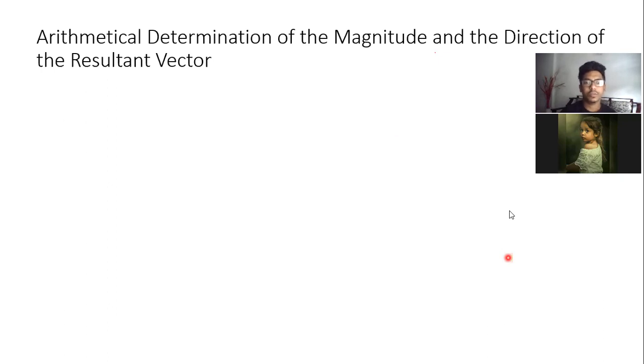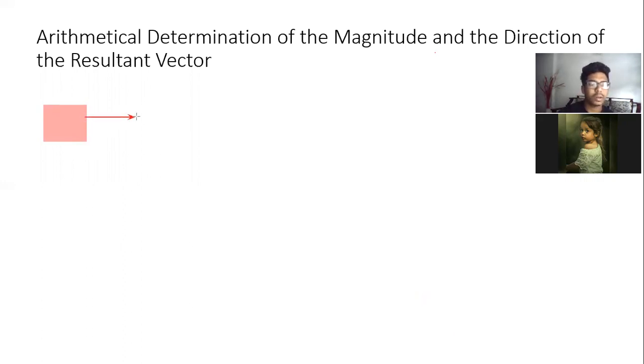Arithmetical determination of the magnitude and the direction of the resultant vector. Okay, let's start from the easiest case and let's increase the complexity. So the easiest case is when two vectors are acting in the same direction.